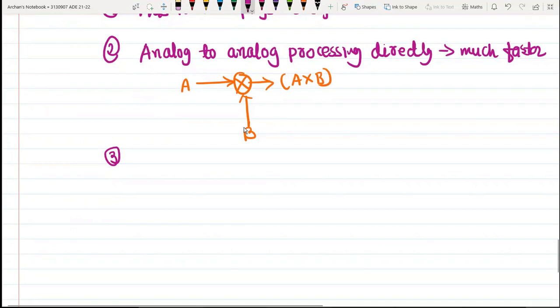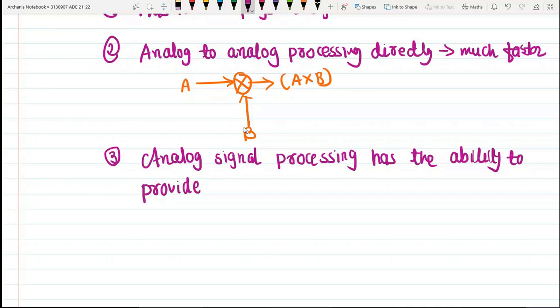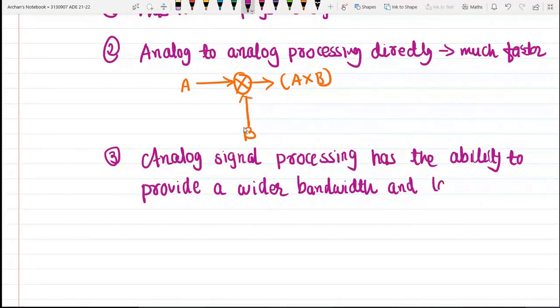Then, analog signal processing has the ability to provide a wider bandwidth and larger dynamic range.